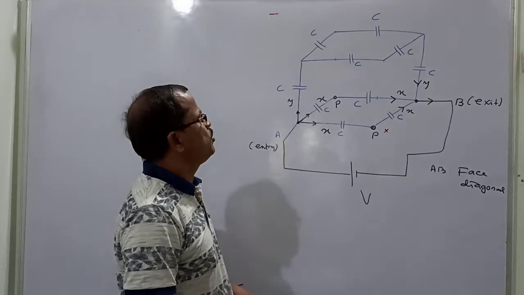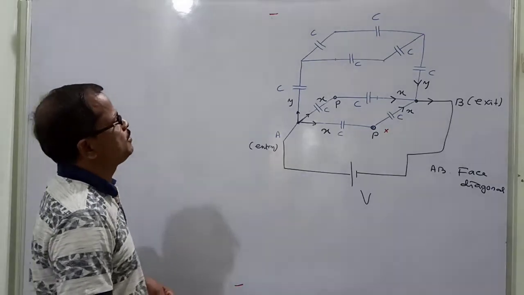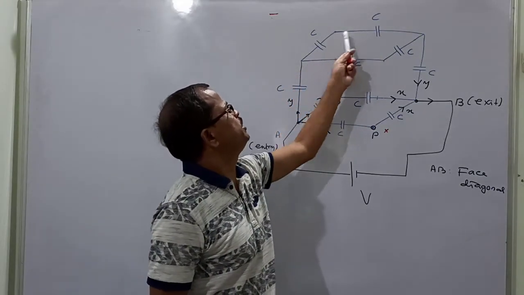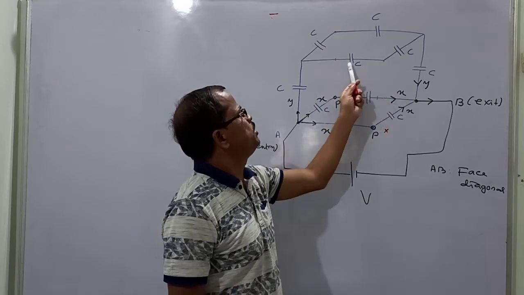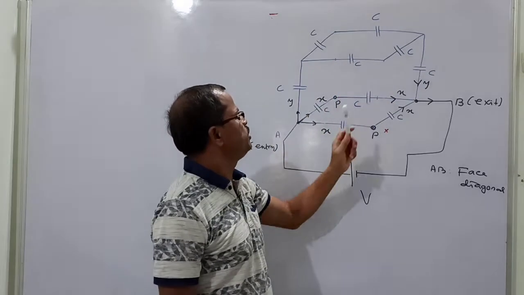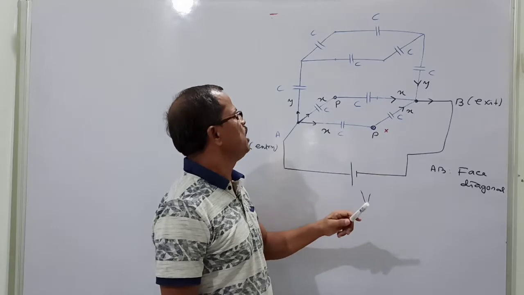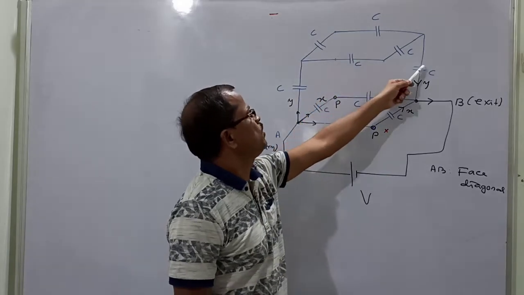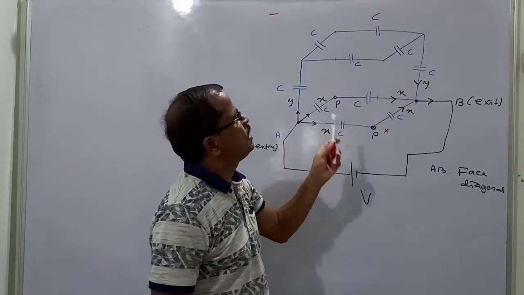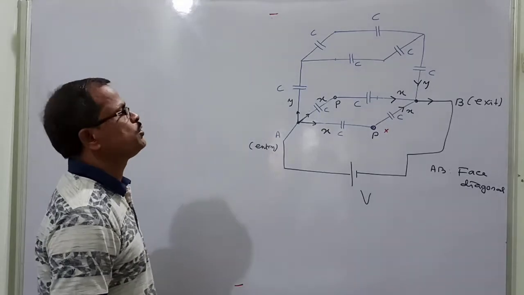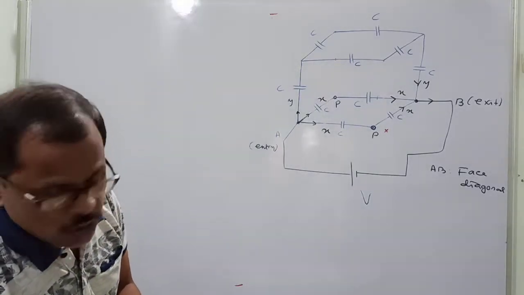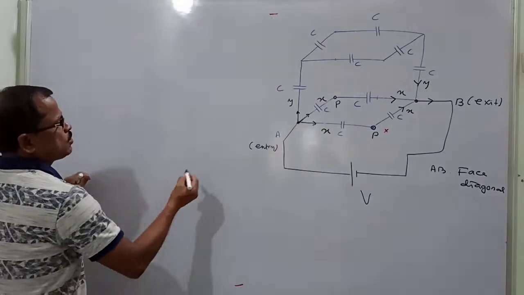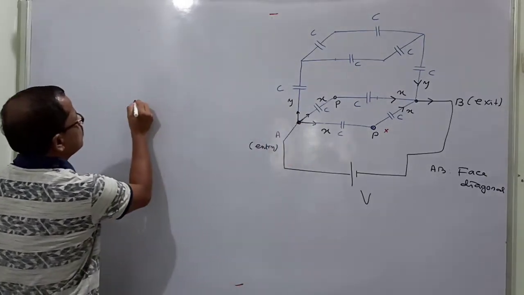Once the circuit is modified, you know that these two will be in series, these two will be in series, and these two will be in series. Then we can reach our solution. Now come to the solution part. Let us name the point A. Look, I am drawing again.